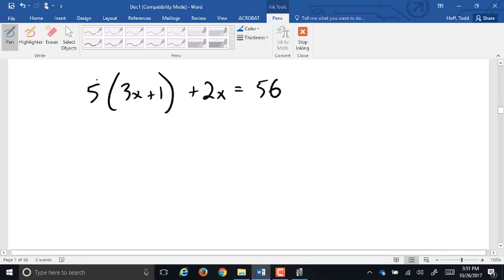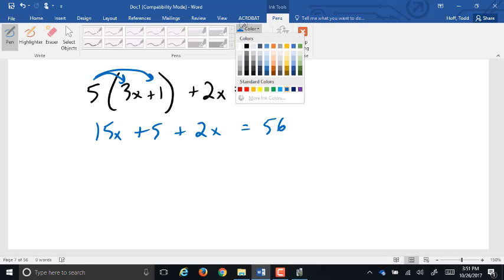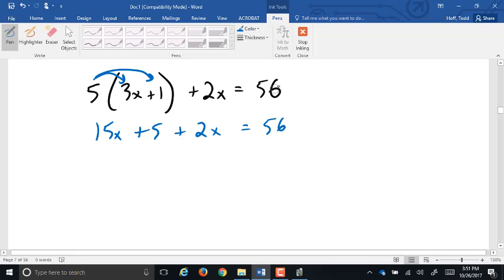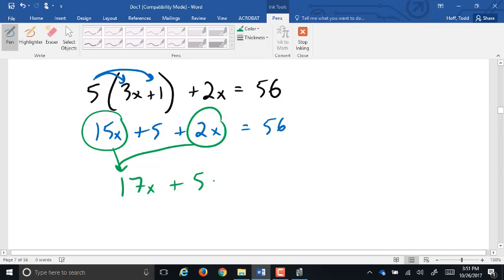So we start out multiplying by the 5. What is 5 times 3x? 15x. 5 times 1 is 5. And the 2x is still there. What can we combine this time? 15x and 2x, which make 17x.